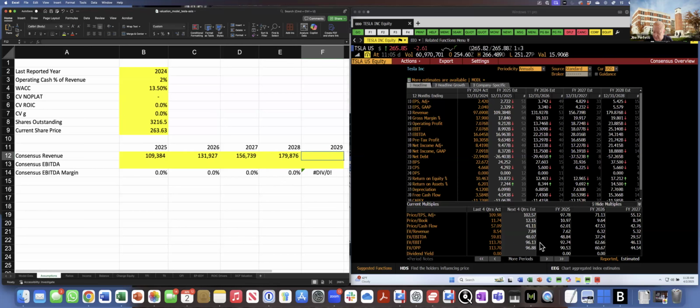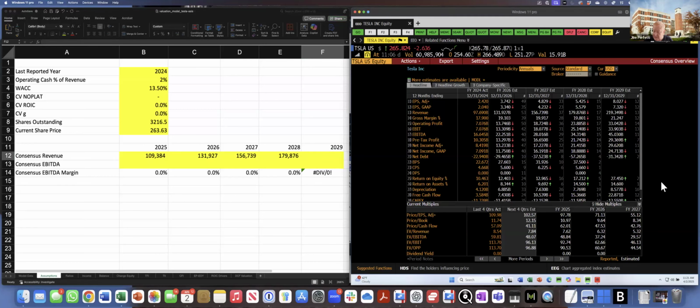And for 29, I have to go over one column. Revenue 219,349. And then come back and go through the EBITDA. I'll work backwards.